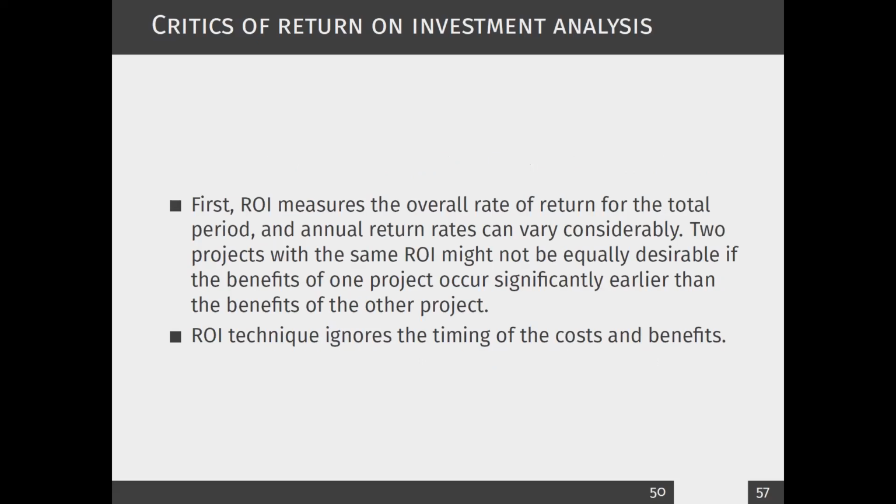Right. So, ROI: now we have seen that we are going to look at the overall return. The problem with ROI is that although you will receive some profits, the profit comes in the future.